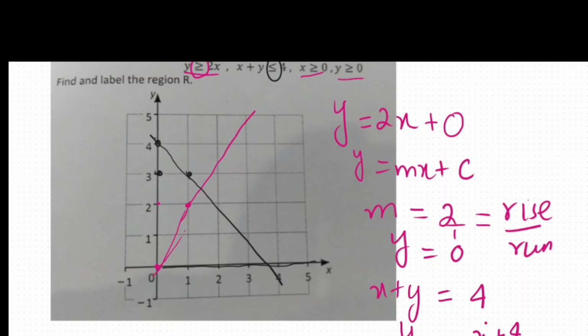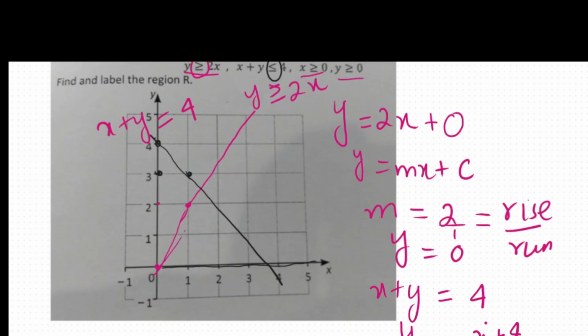Now we have to find and label the region R, which is the solution region. For that, we will take one test point for each inequality and check whether it satisfies the condition or not. The first line, the pink one, is y equal to 2x, and the black one is x plus y equal to 4.